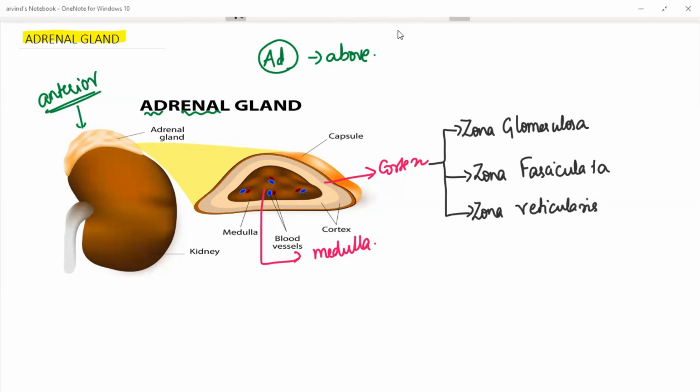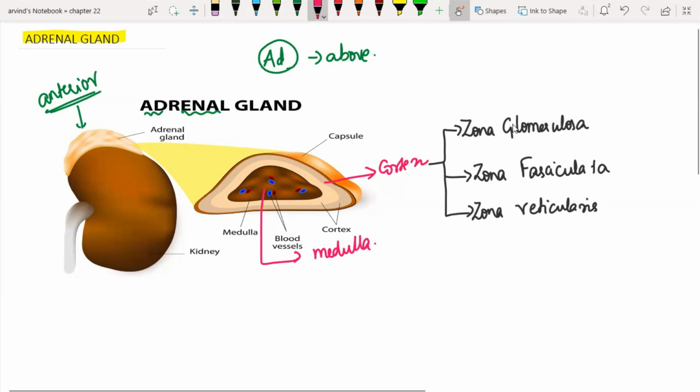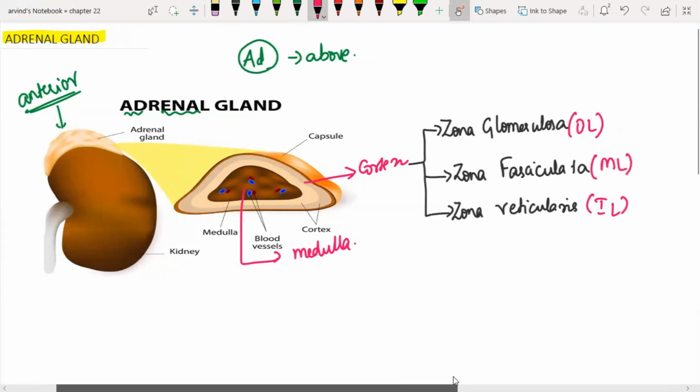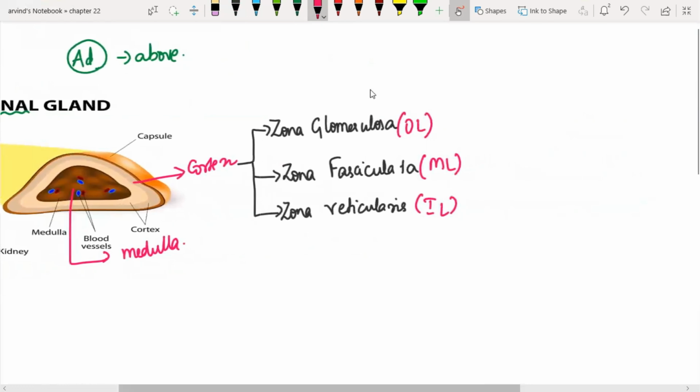So the outer layer, I'll just write it as OL, ML, and IL: OL is the outer layer, ML is the middle layer, and IL is your inner layer. So three layers. I usually ask my students to remember with an acronym GFR. You all know what is GFR, right? You all are well versed in excretion, glomerular filtration rate. So similarly, I've got something here called GFR: glomerulosa, fasciculata, reticularis, from the outer aspect to the inner aspect.